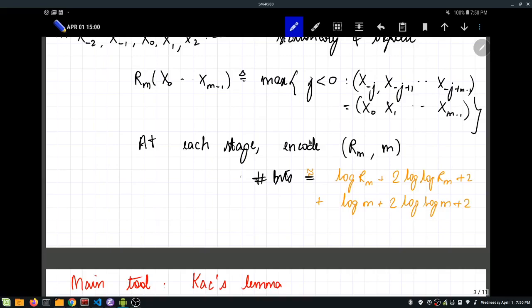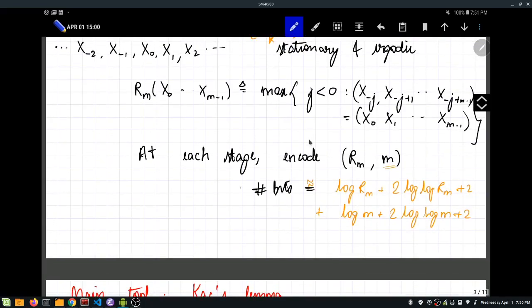So this is roughly the number of bits that we have. If both of these are small, then it's good. But actually, if you think about it, we would like m to be large, because it means that we're compressing a large number of symbols at once, but we want Rm to be small.